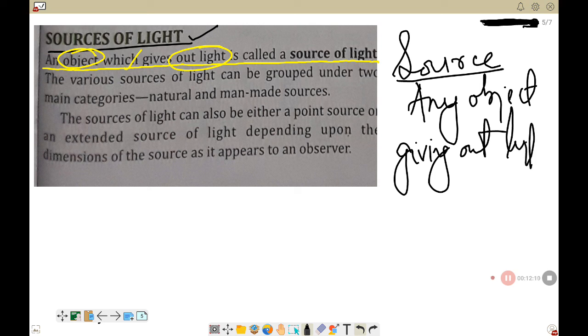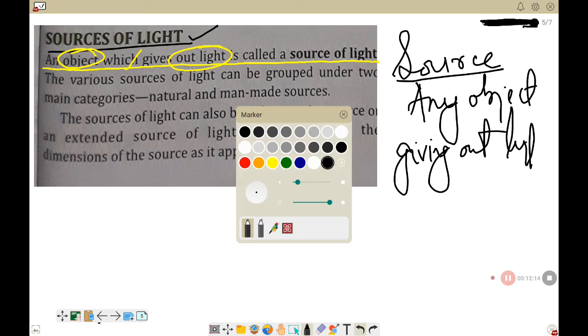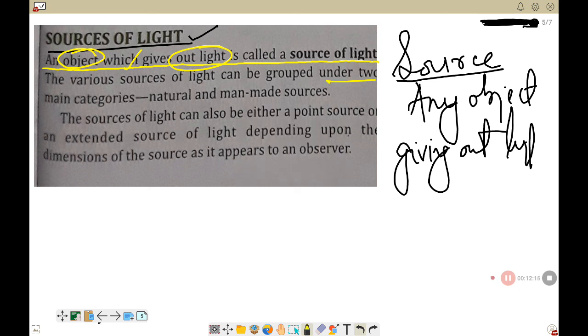Now, the other important thing that we must remember is that sources of light can be categorized into two main categories, that is natural source and man-made source. By the word itself you can say natural means the one which you can find in nature, and the other one is the man-made, just like your burning candle, your electric bulbs and all. They are all examples of man-made source.